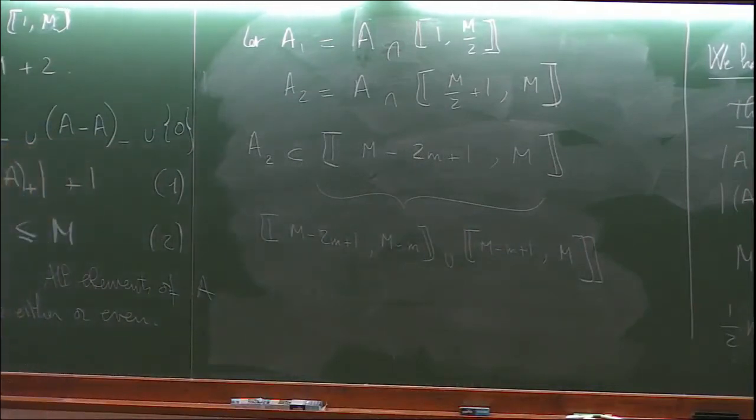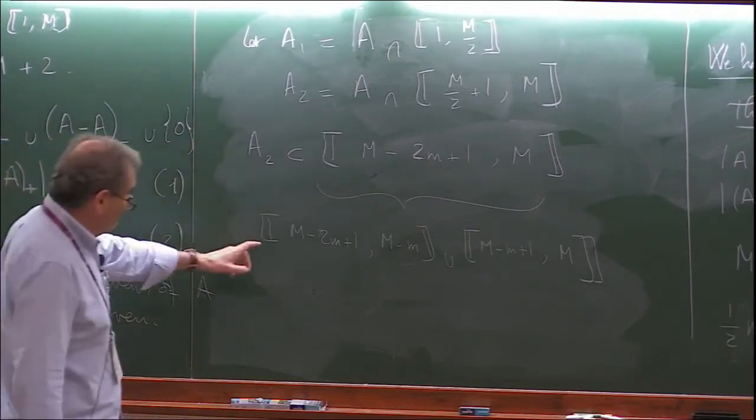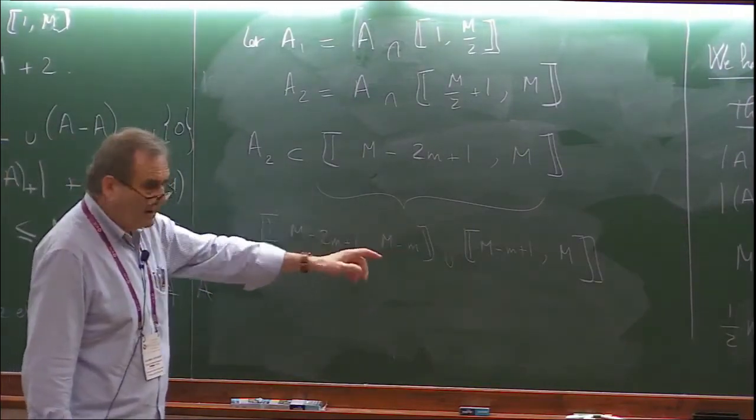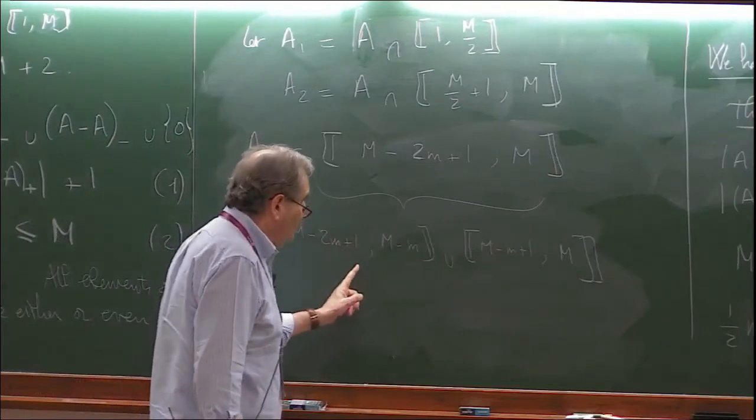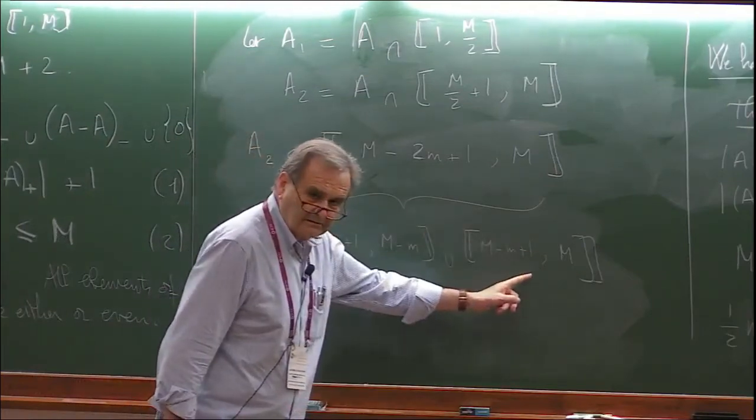So you have two sets which are shifted by little m, but little m is an element in A. So the number of elements of A you may have is, at each time you have an element of A here, the little m plus it is not in this one.